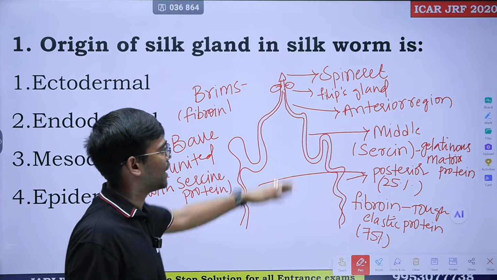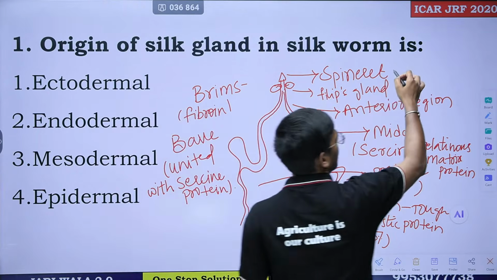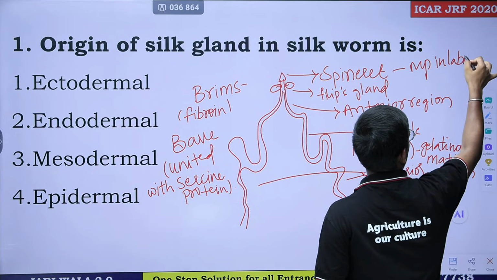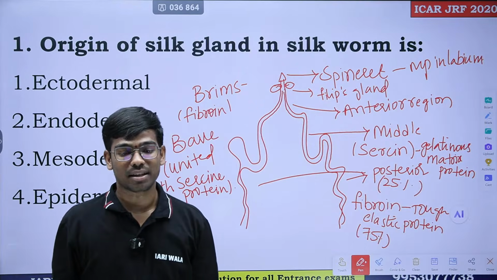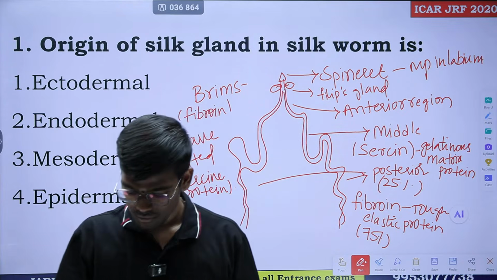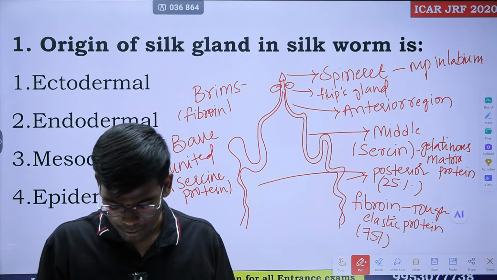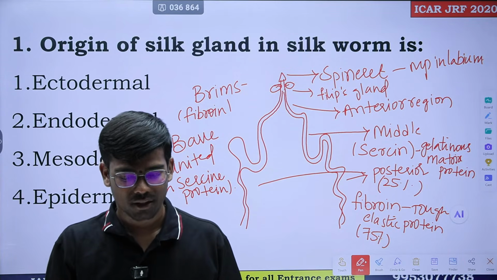So that is the spinneret, that is a median projection in the labium. We can see the median projection in the labium here. So this is the typical silk gland structure. Yes, Anchal Gupta gave one reply, that is fibroin 75% and sericin 25%. Yes, that's true.